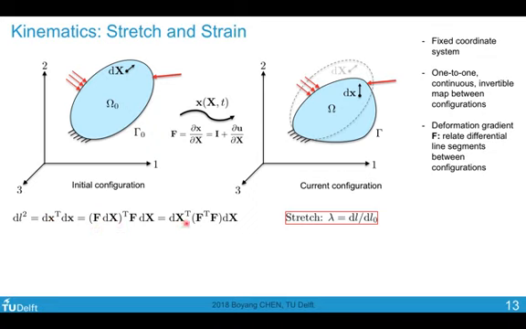We can obtain this expression for the square of the current length of this small segment. Then we define a unit vector of dX in the initial configuration. The unit vector is basically the same vector divided by its own length. Now we can simply divide dl squared by dl0 squared to obtain the square of the stretch, which we defined here.